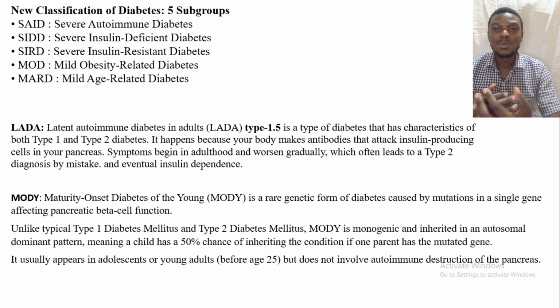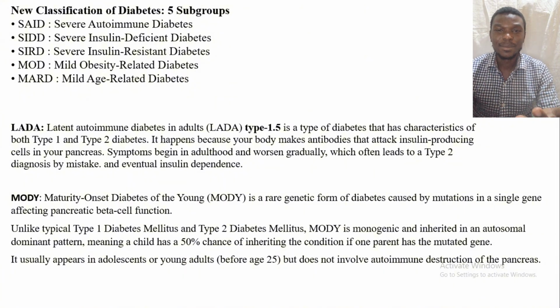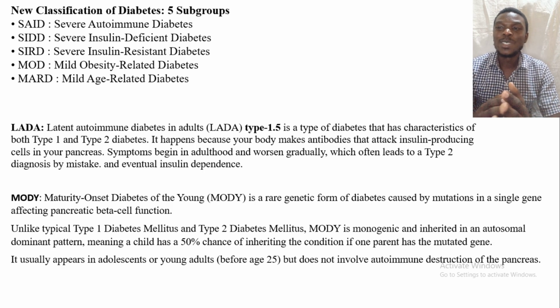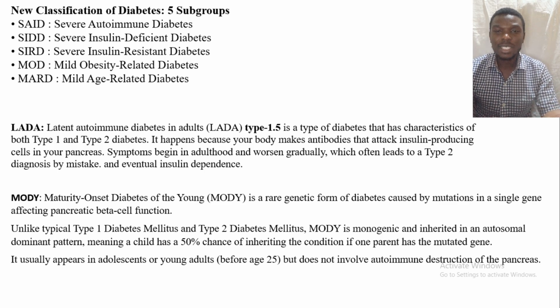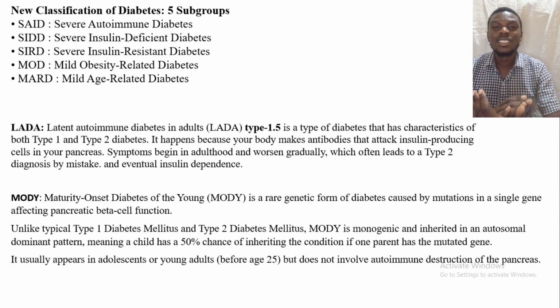So you find a patient that you are doing a random blood sugar, then you find the patient's sugar levels are high. Because the patient's blood sugar is high, and the patient maybe is over 30 years, maybe mildly obese, you may think, maybe this is type 2 diabetes. But in the actual sense, it's latent autoimmune diabetes in adults. So eventually, you start them on oral medications, but the patient is not responding.